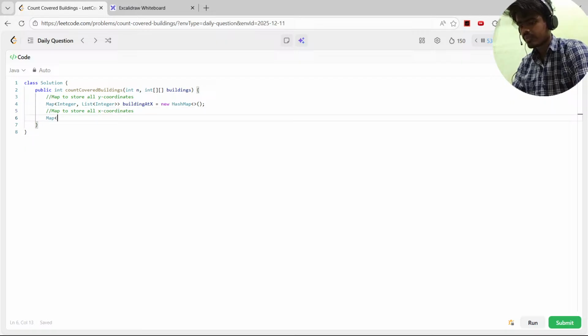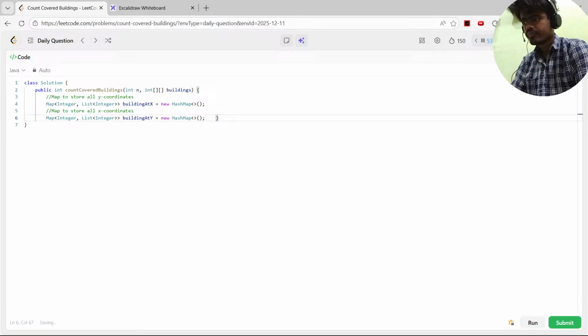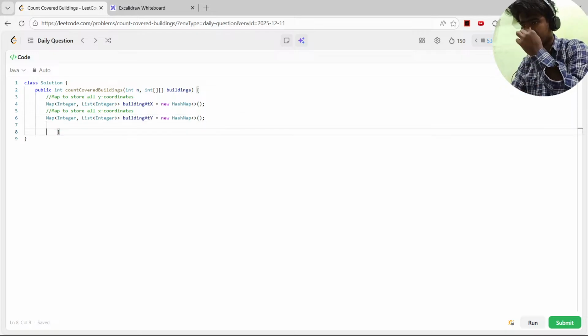Map of integer to list of integers, buildings at y, new. Creating the maps, and now we group buildings by their x and y coordinates.